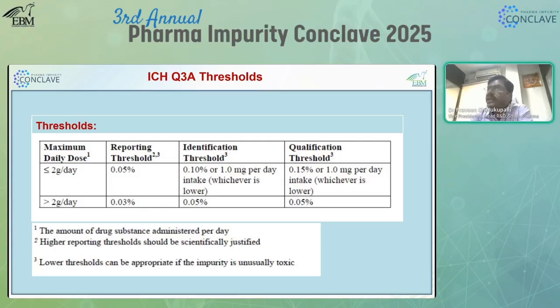And if the impurity is 0.15%, then 0.15% of 800 mg will be more than 1 mg. Because of that, you have to reduce the impurity content in the drug substance. Whatever the dosage, the acceptable intake should be 1 mg, whether known or unknown.